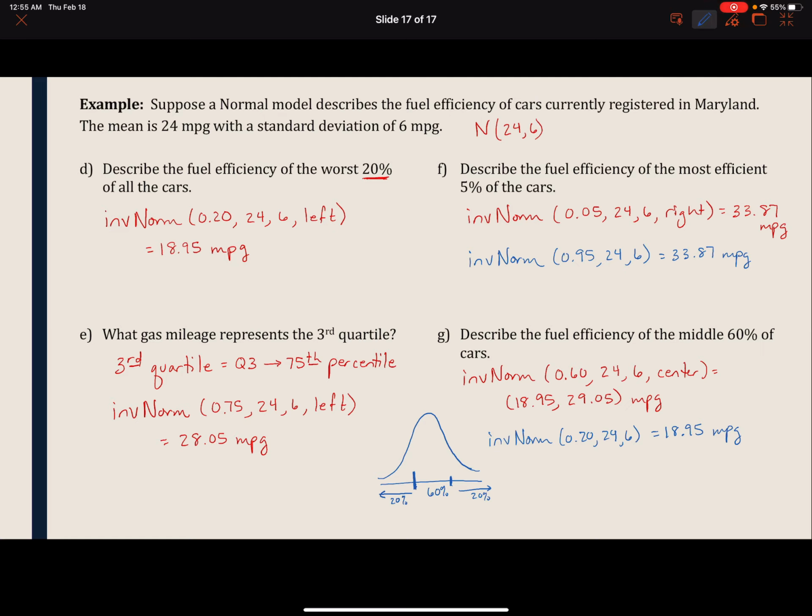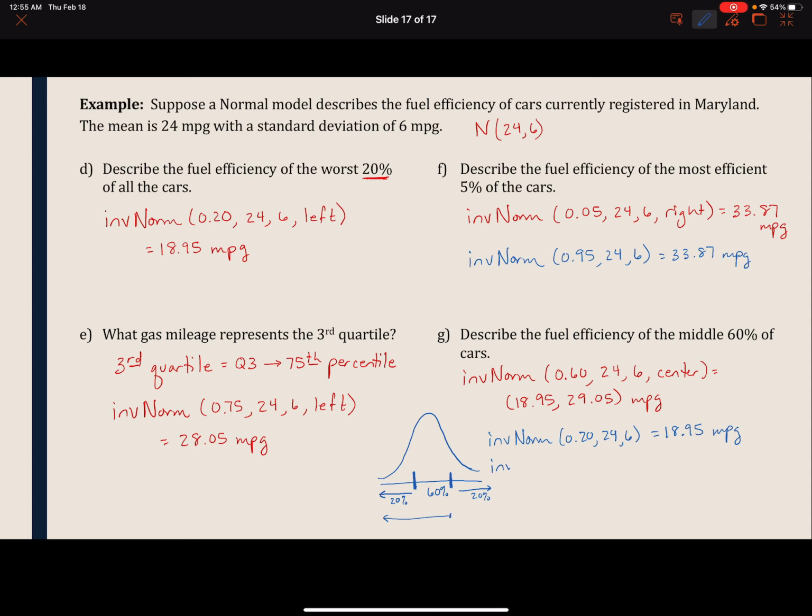To get the upper bound, it's a little bit trickier. For the left percent, we have to add the 20% to the 60%, because it's going to be this entire area that's to the left of this value that we're looking for.